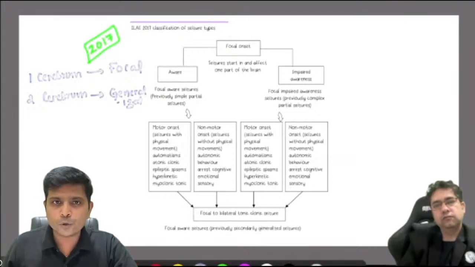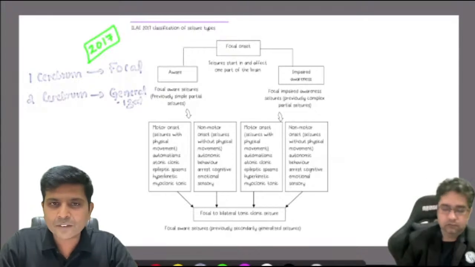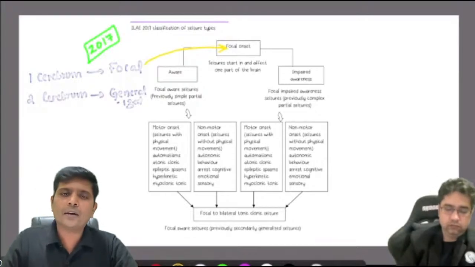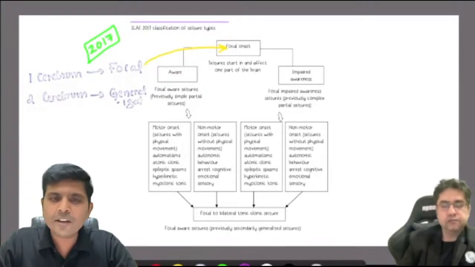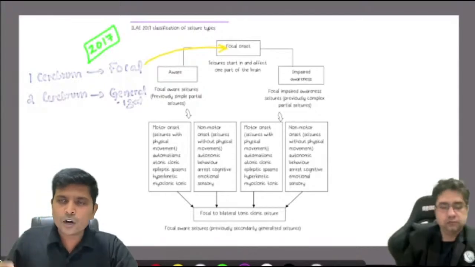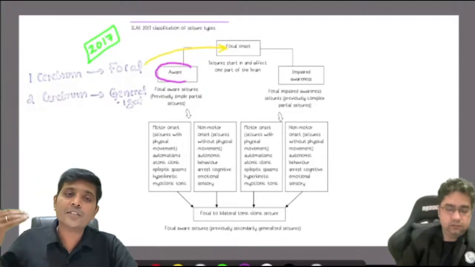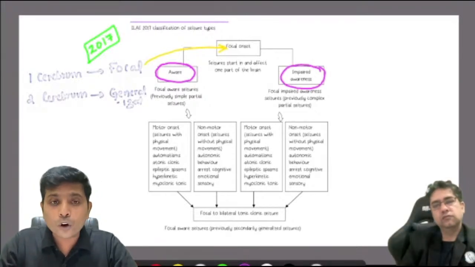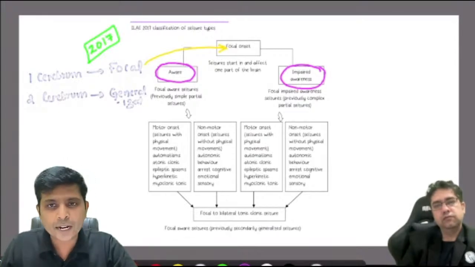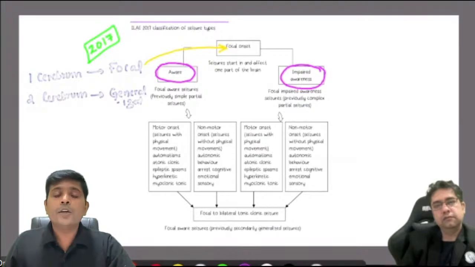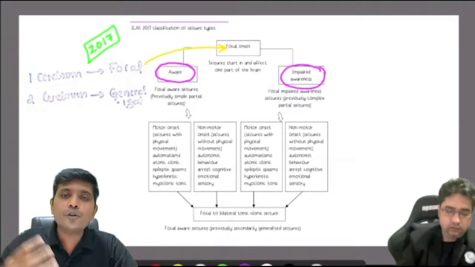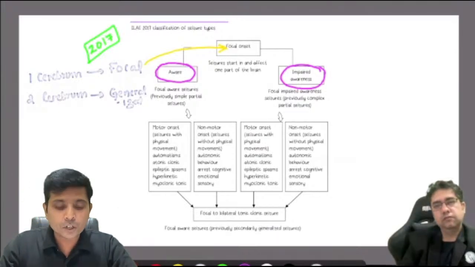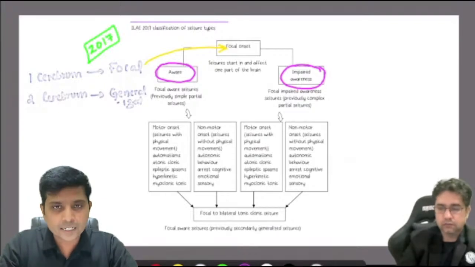And with respect to focal onset, we will classify as follows. Focal onset means it arises from one part of one cerebral hemisphere. In that, we will divide into two: whether consciousness is maintained or consciousness is not maintained. If consciousness is maintained during seizure, if the child is able to interact, able to have eye contact with you, it is called focal aware seizures.